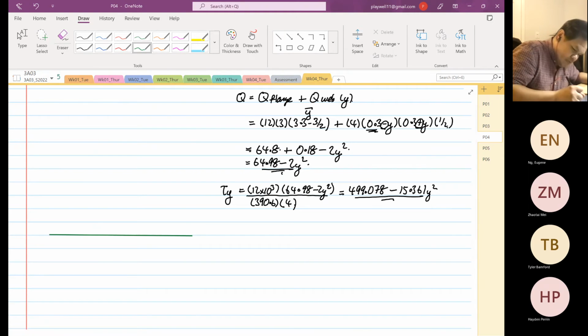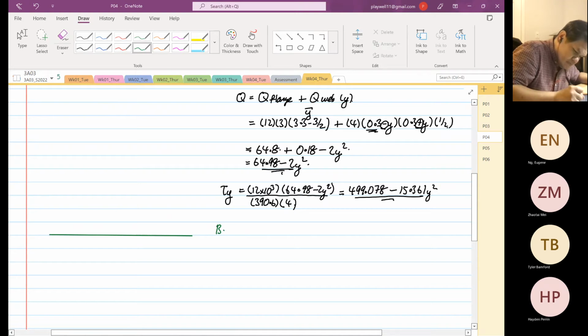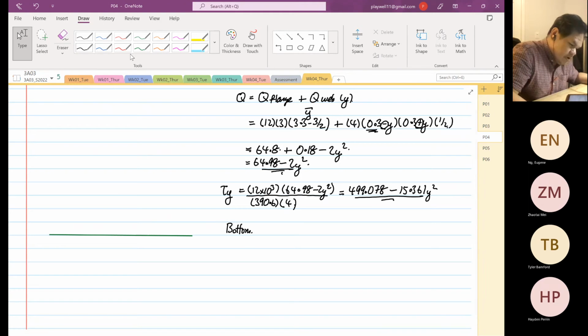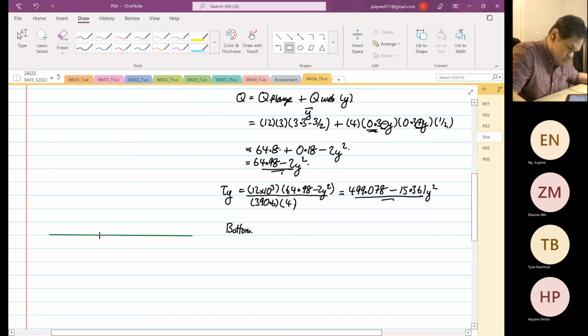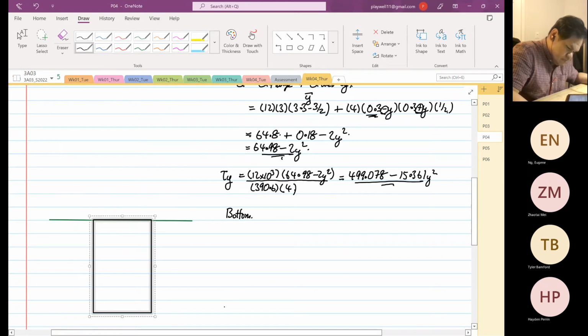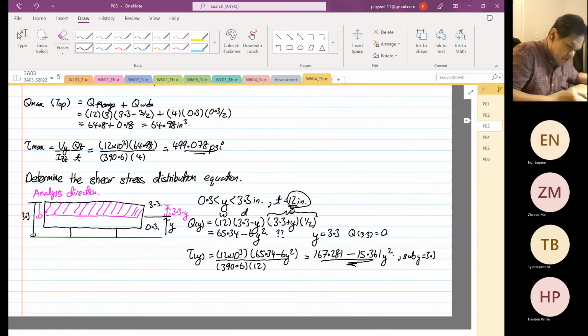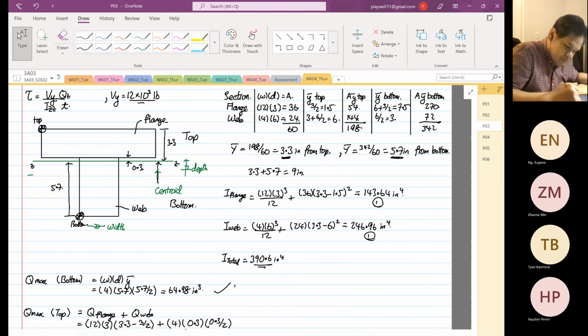So the bottom part, we know that this distance from here to here, I think it's 5.7. Let me check. Can't remember now where we found.